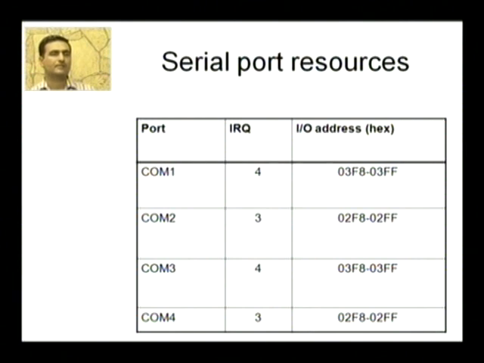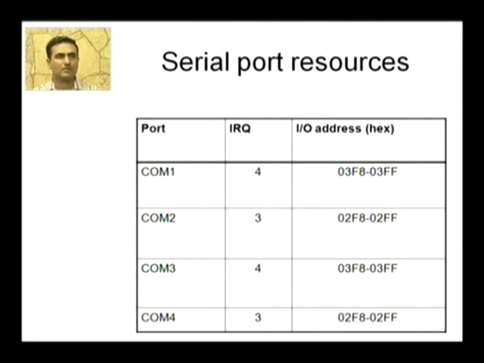And similarly COM2 and COM4, or we can say communication port 2 and communication port 4, use the third IRQ and the same input output address, that is 02F8 to 02FF.